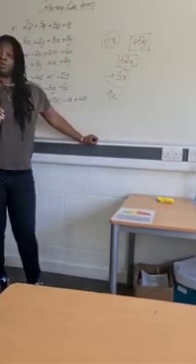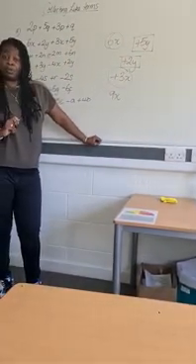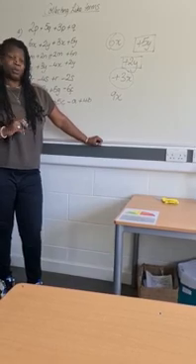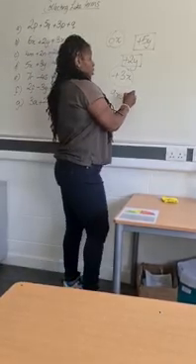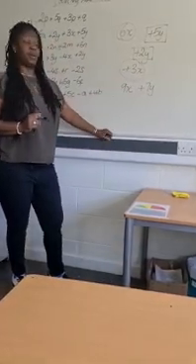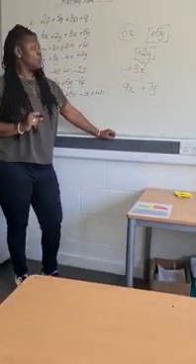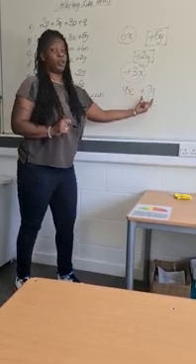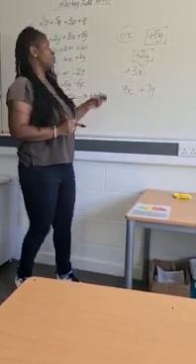Plus 2 plus 5 gives me plus 7, so I've got plus 7y. Putting it together, I've completed that question. I've got 9x and a positive 7y. That's the first one.